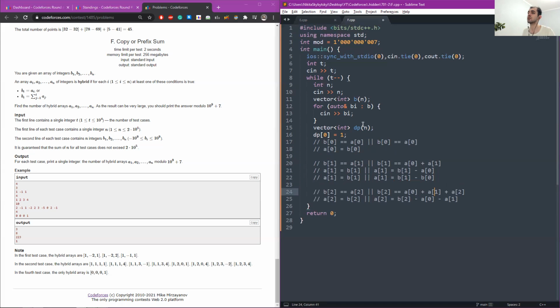Here we have simple options. I think we're going to notice the pattern pretty soon, but I can't tell yet. Here it's clear, B0, and then it's A1. And A1 can have two different meanings. A1 can simply be equal to B1.